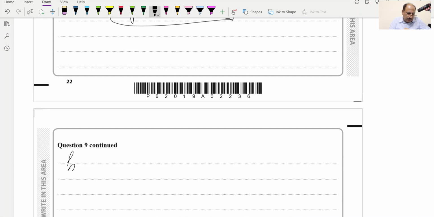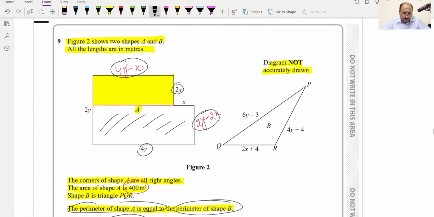I'll write like this. We will be taking a round of A. It will be 4y plus, this will be basically the perimeter of A.